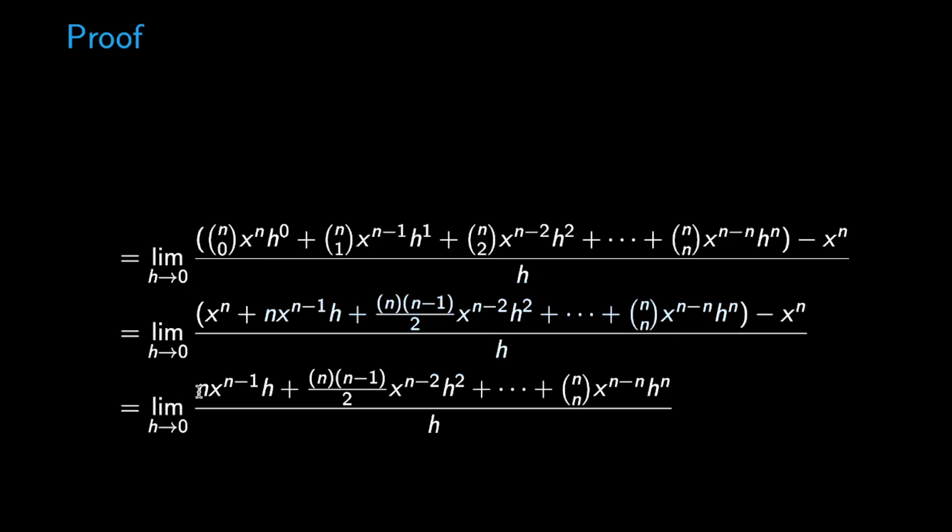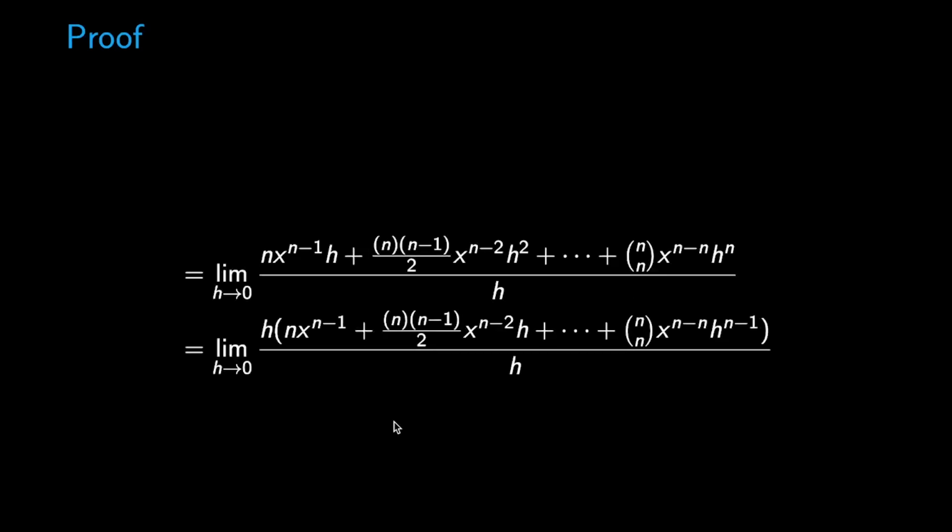Then we arrive at this. This is what we're left with. Now, it's pretty interesting that all of these terms have a common factor, which is h. This comes in handy when we're trying to cancel our denominator h.